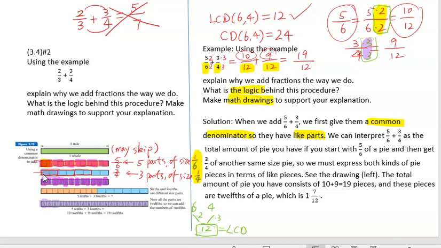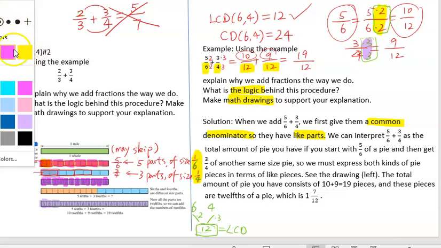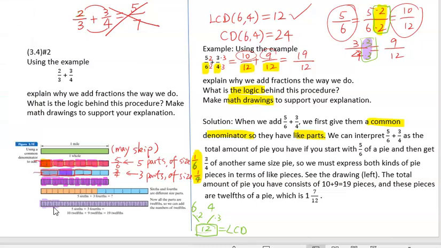And the next slice becomes 1, 2, 3. And the next slice becomes 1, 2, 3. And the next slice becomes 1, 2, 3. They also added the other parts from the 5/6 to here.